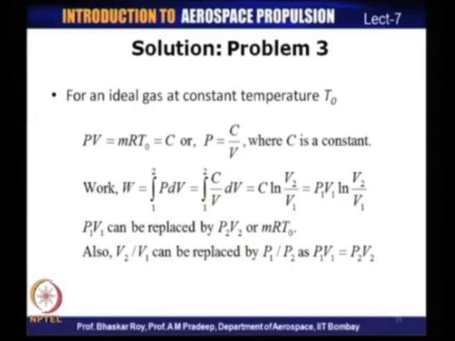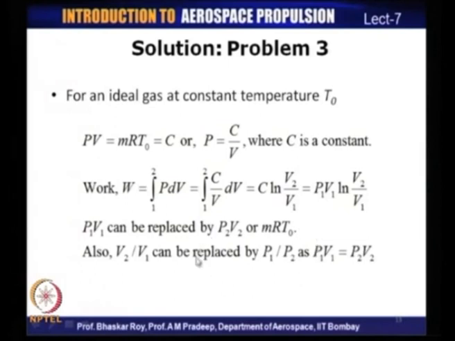P1 V1 is equal to P2 V2, or since PV is equal to mRT0, we can replace it by mRT0. Also, V2 by V1 can be replaced by P1 by P2, because P1 V1 is equal to P2 V2.